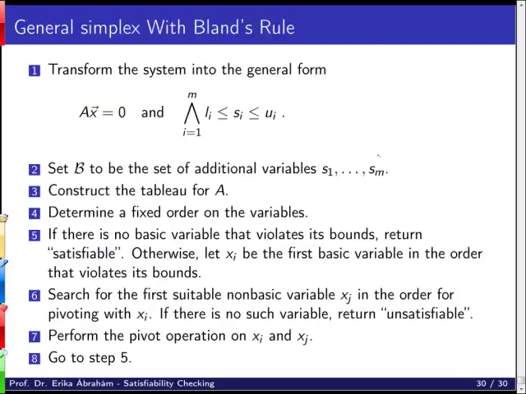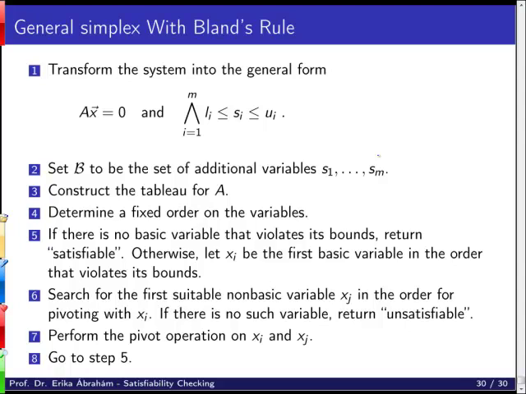So here you can see a summary of the general simplex method. That means we first transform the problem into a general form by adding new slack variables. Then we have a tableau with two invariants: that the equation holds and the non-basic variables satisfy their bounds.